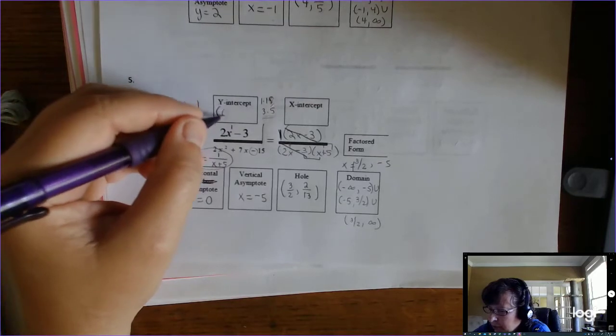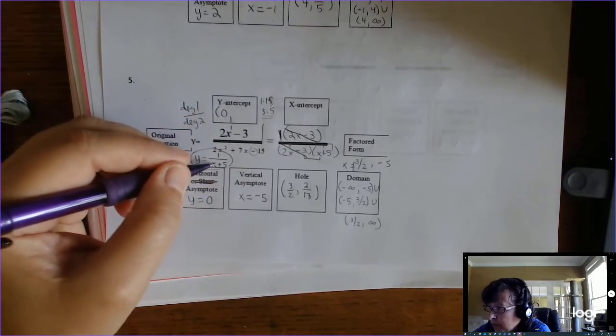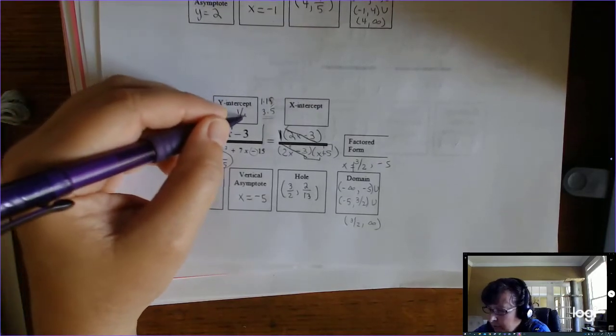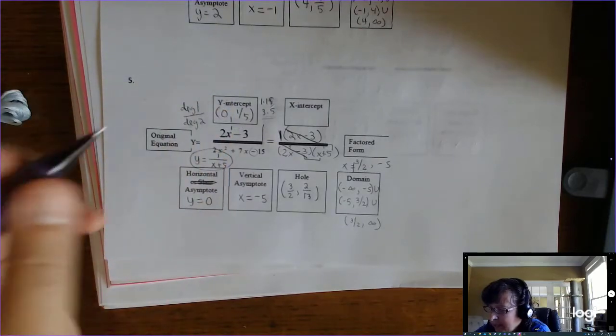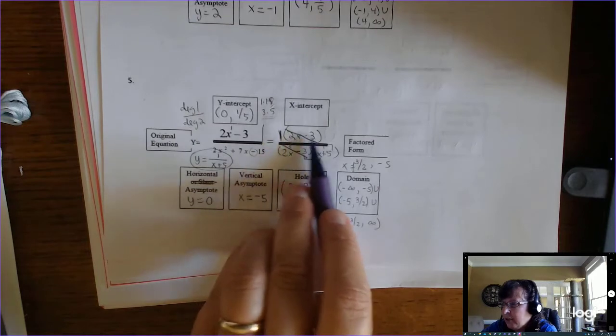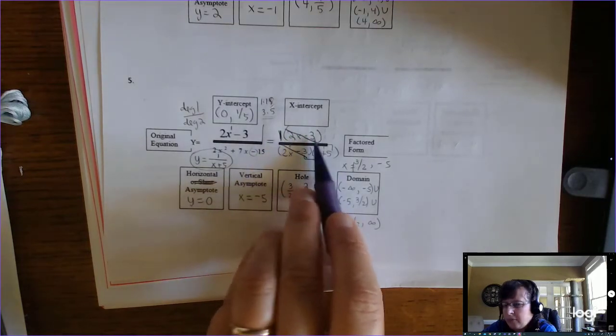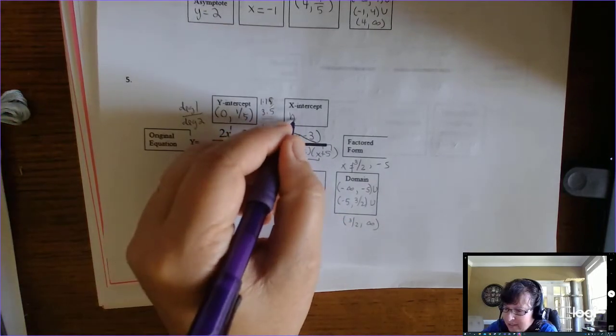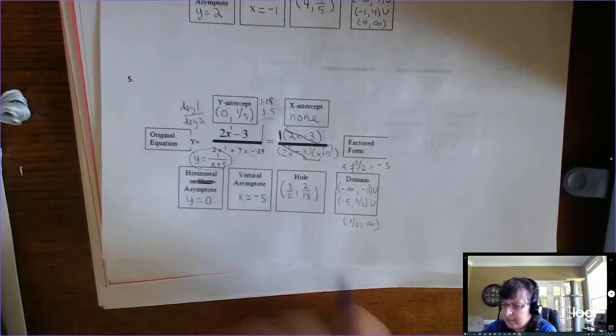You put 0 in for x, and if you put 0 in for x here, you get 1/5. The x-intercept, this is again why I'm doing this one, there is no factor in the numerator. 1 obviously doesn't equal 0. So this does not have an x-intercept.